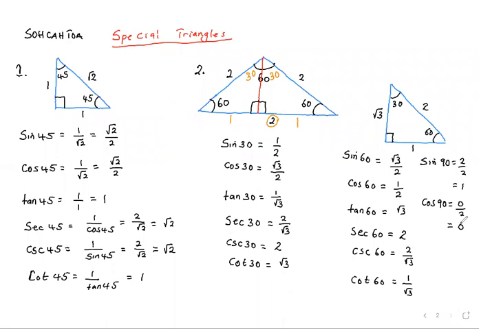For cos 90, what is the adjacent of 90? What's the length of the adjacent of 90? It's 0. It's the distance between the angle you're talking about to 90. So the distance between 90 and 90 is 0.